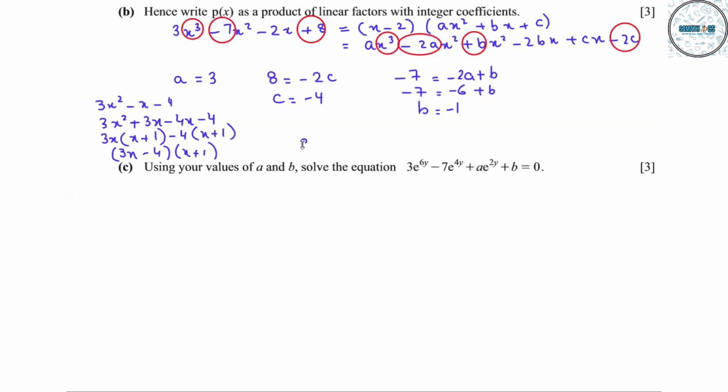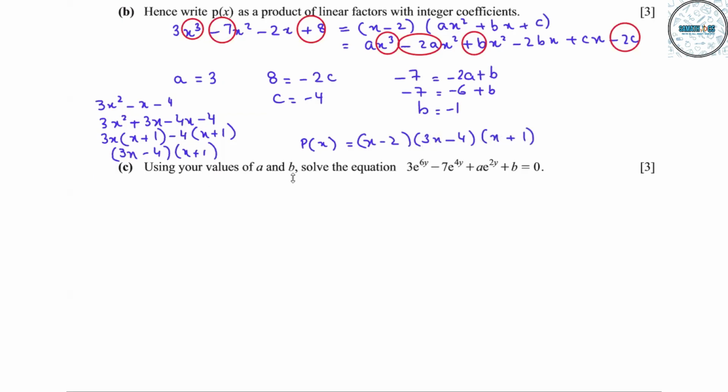So p(x) can be written as a product of linear factors as x minus 2, 3x minus 4, and x plus 1.